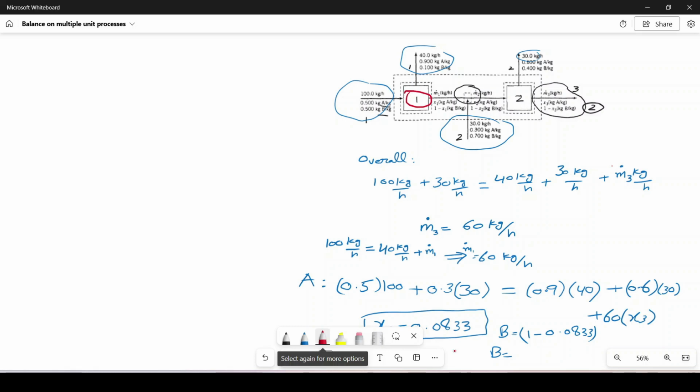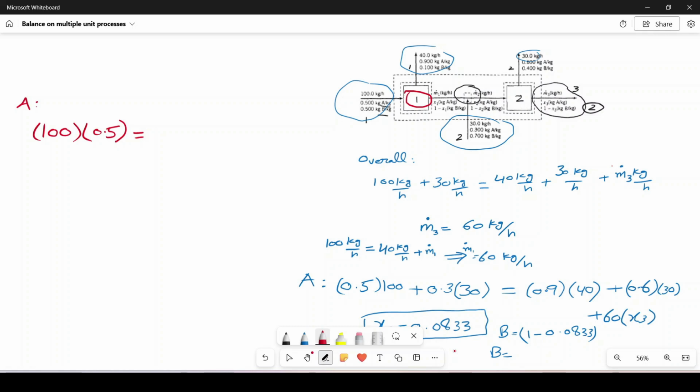Here on species A, 100 is the total mass flow rate entering, multiplied by mass fraction 0.5, so this is the input to this unit process, equal to the output.